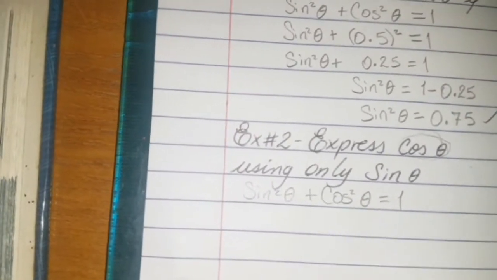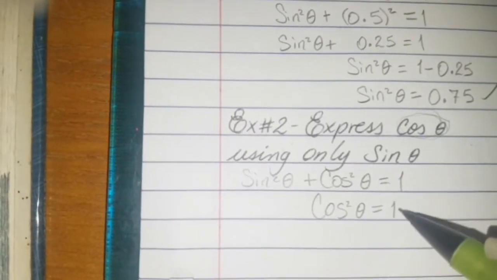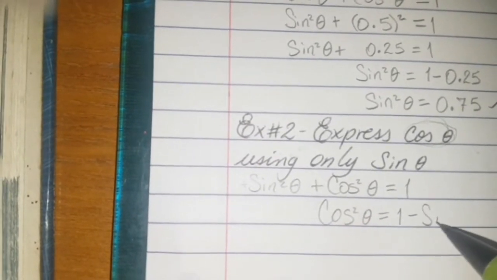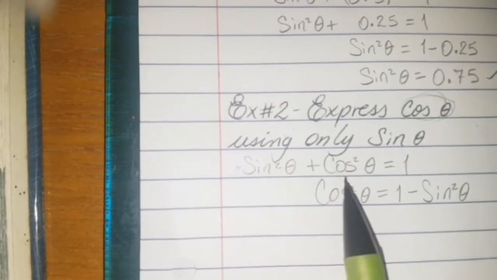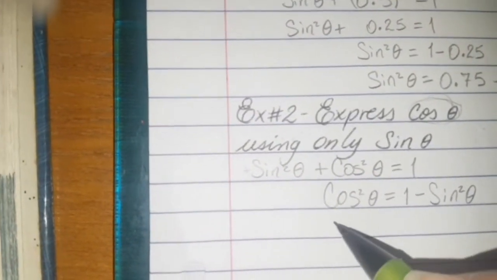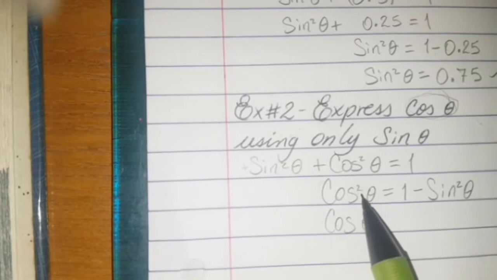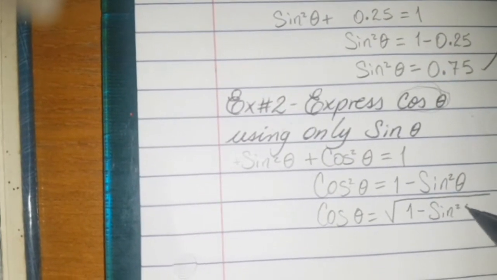Cosine to the second power of theta equals 1, minus sine to the second power of theta, since here we have a plus. Let's keep on simplifying because I have a second power here. So cosine of theta equals the square root of 1 minus sine to the second power of theta. Since cosine is isolated, then we're done.